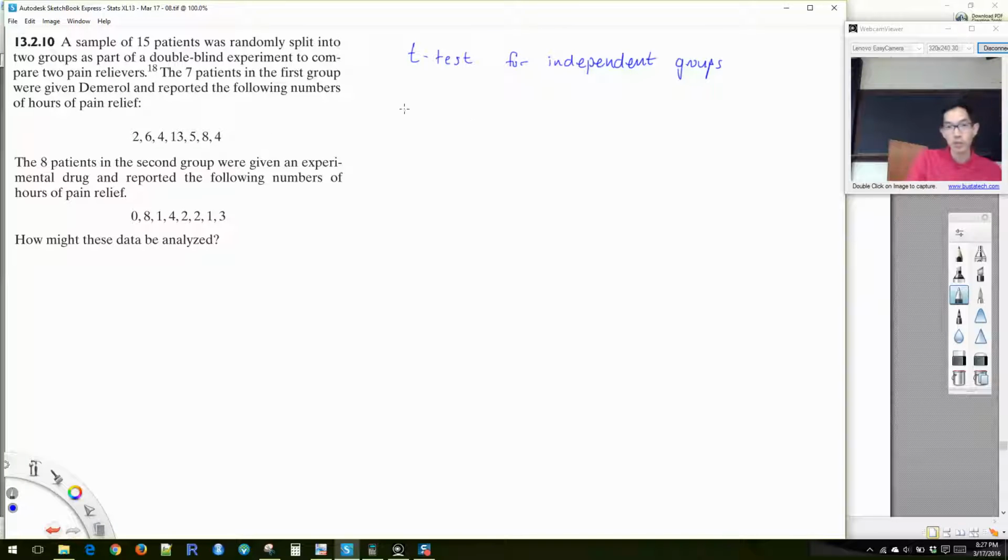Okay, so t-test for independent groups, we've got a numeric response, which is hours of pain relief. And then we have a categorical predictor, which is the drug type.